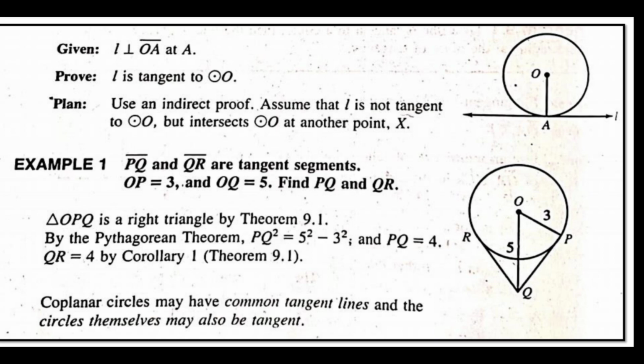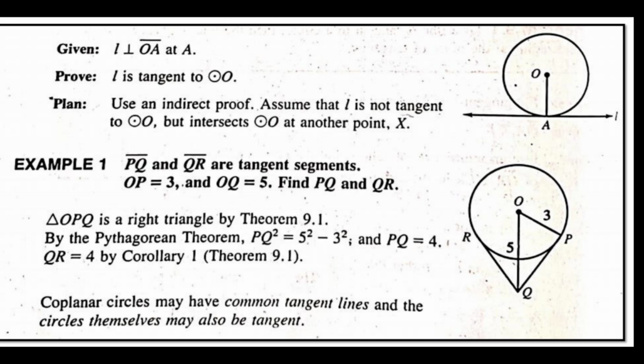Since PQ is equal to 4, by Corollary 1 in Theorem 9.1, two tangent segments from a common external point are congruent. Since they are congruent, QR is also equal to 4.